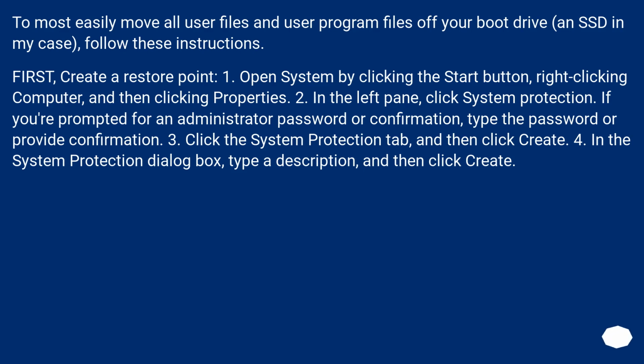In the left pane, click System Protection. If you're prompted for an administrator password or confirmation, type the password or provide confirmation. 3. Click the System Protection tab, and then click Create. 4. In the System Protection dialog box, type a description, and then click Create.